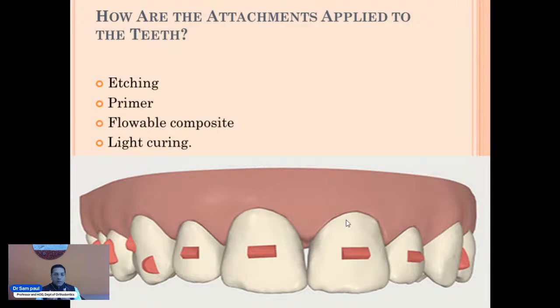Then you have a template, with all the indentations of these attachments on that template. You are supposed to put some flowable composite into those embrasures, place it on the patient's teeth and do the light curing. It's very simple to do an attachment.